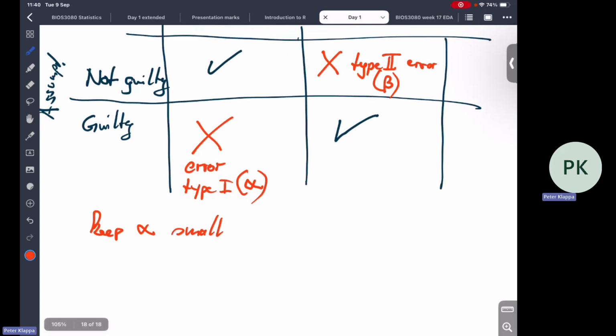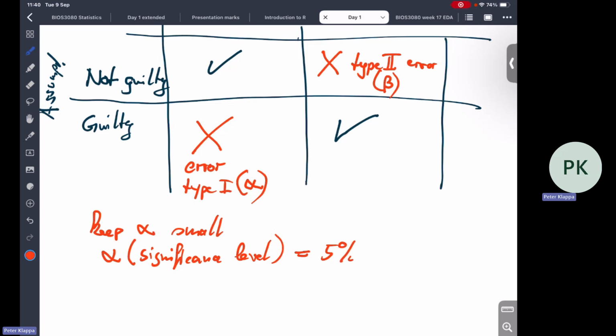And it turns out that very often a good value for this alpha, it's also called the significance level, is set to 5%, which is the same as 0.05.